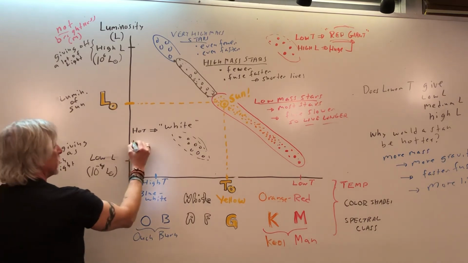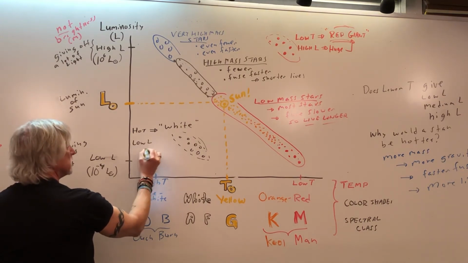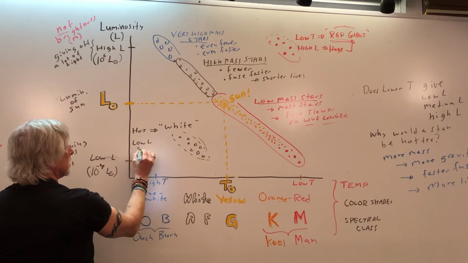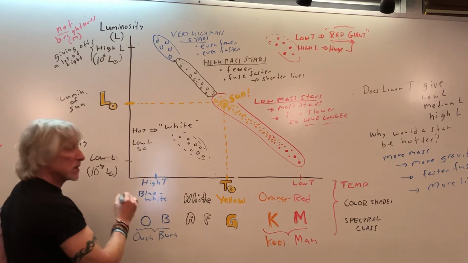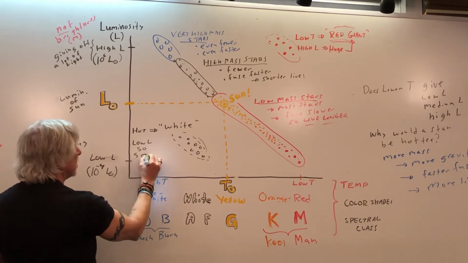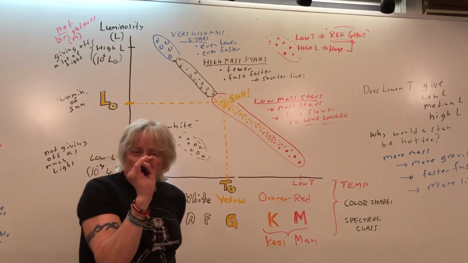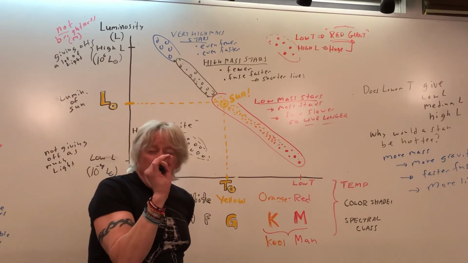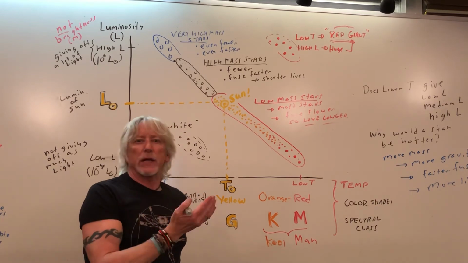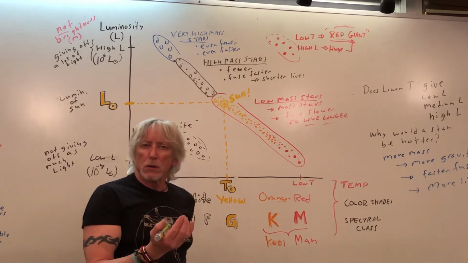But they're low luminosity, so they must be small. If you take a needle, a pen, and make it really white hot, it's still not going to light up your room because it doesn't have much surface.